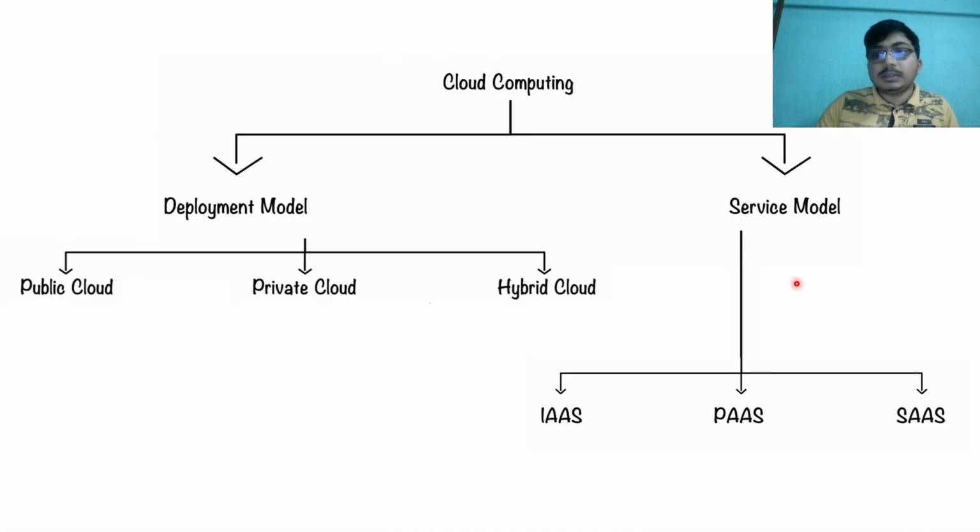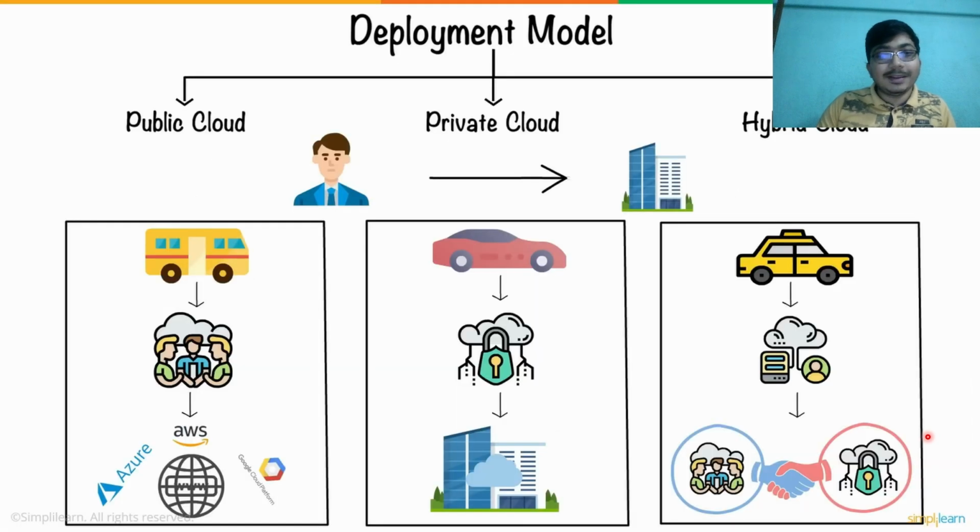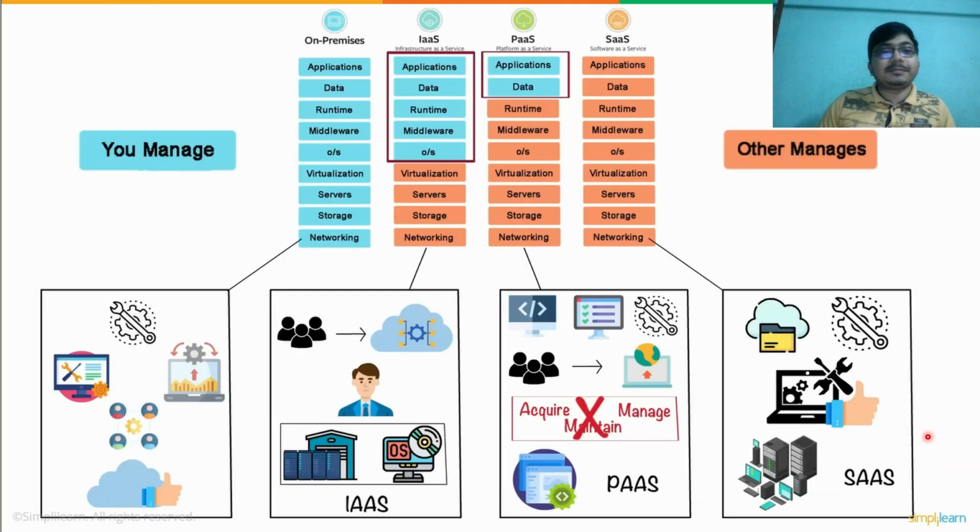Okay, now the other thing, service models. Service models have IaaS, PaaS, and SaaS. Now let's understand. This is the difference in how much of the cloud infrastructure, how much of the server, you want to control, and how much you want your cloud provider to manage.